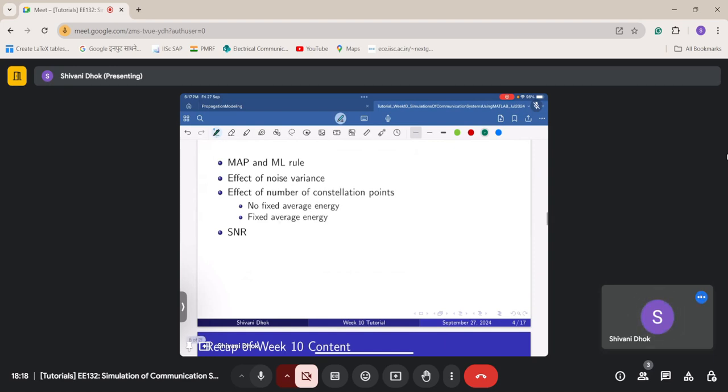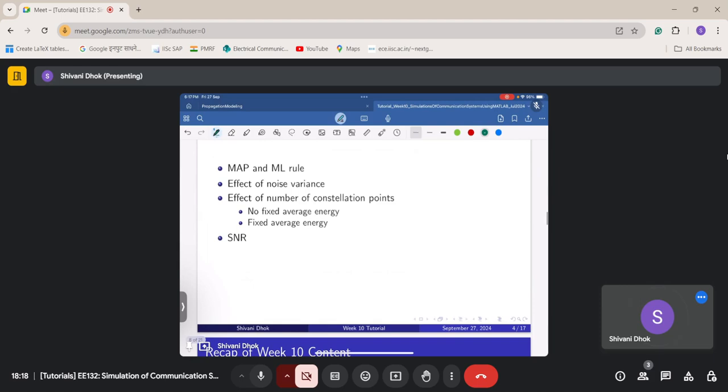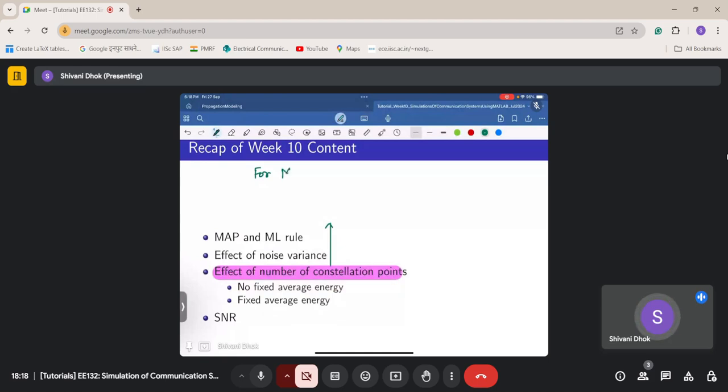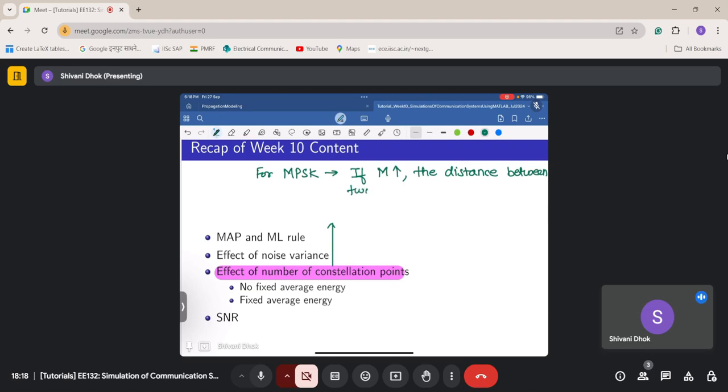So what we observed is, for this particular case, for MPSK, if M increases, the distance between two constellation points decreases, which means there are more chances of making errors while decoding.